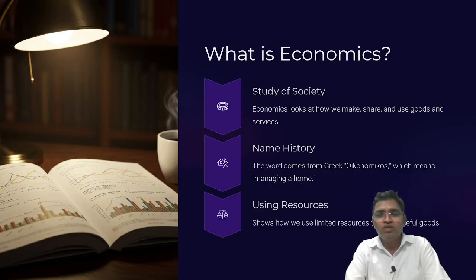So using resources shows how we use limited resources to make useful goods. It is a study of society, derived from oikonomikos, which means managing a home, and how we have to use the resources which are limited.